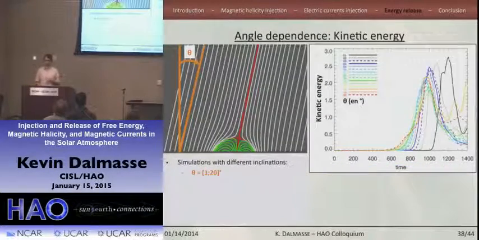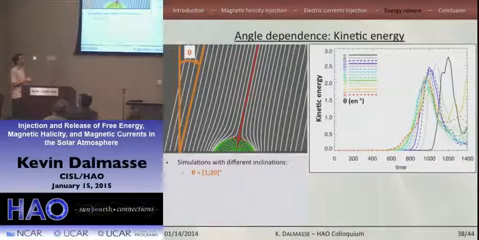To identify the origin of this strong dependence, I looked at the kinetic energy curves. To be able to meaningfully compare these curves, I normalize them and align them with regard to their maximum.